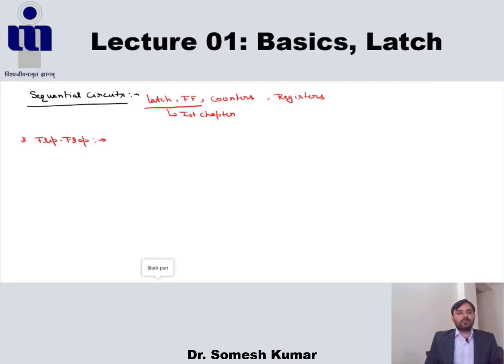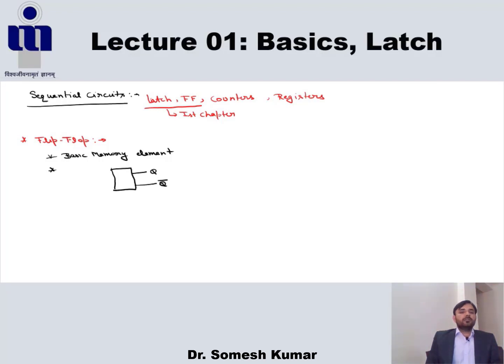So the flip-flop is basically our basic memory element. There are two outputs of the flip-flop, that is Q and Q bar. Both outputs are inverses of each other.